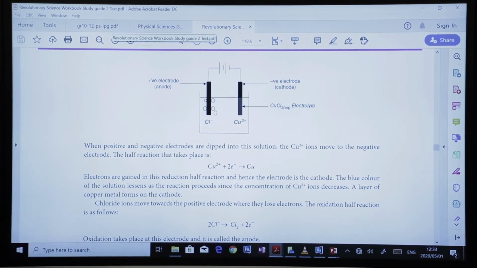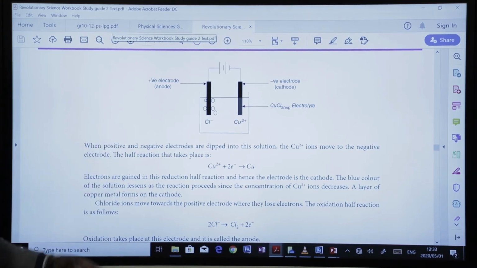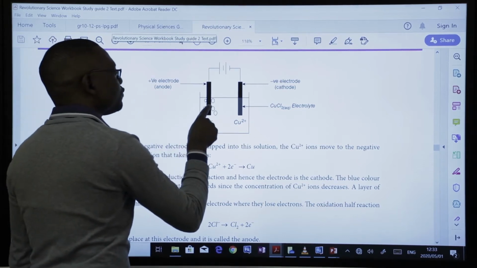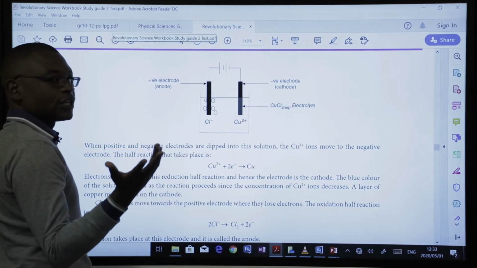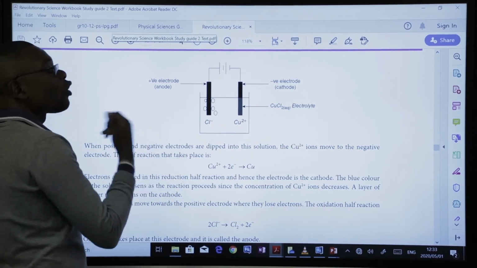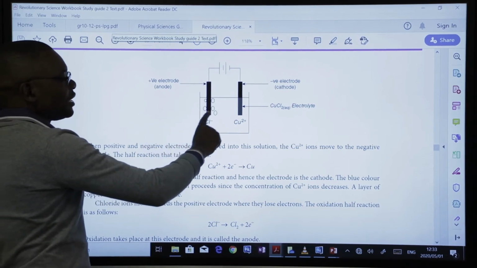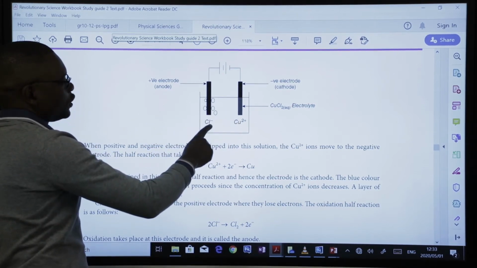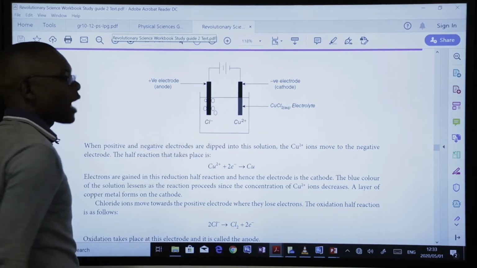Okay. So what we are saying is that when positive and negative electrodes are dipped into the same solution, the copper ions, remember they are positively charged, and we said the anode is positively charged while the cathode is negatively charged. So what do you expect? Opposite charges attract each other. So the copper ions are going to move to the negatively charged electrode, which is the cathode.